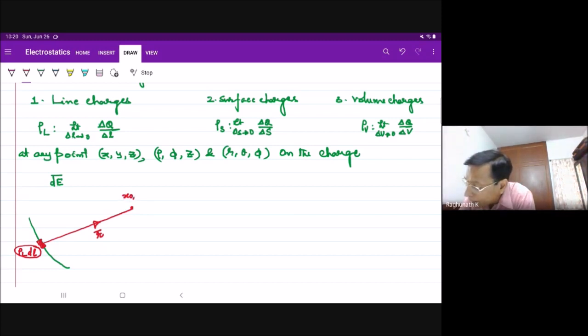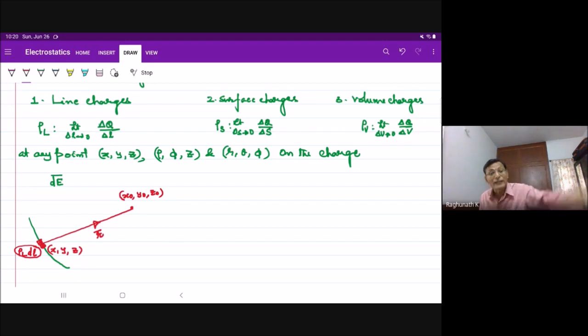Let x naught, y naught, z naught be the point where I want to determine the electric field intensity, for the sake of talking about it, in Cartesian coordinates. x, y, z is the general point on the line, because normally we define lines mathematically as the relation between x, y, z, in which only one of the variables is independent, is what we saw.